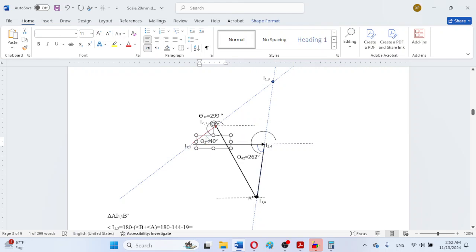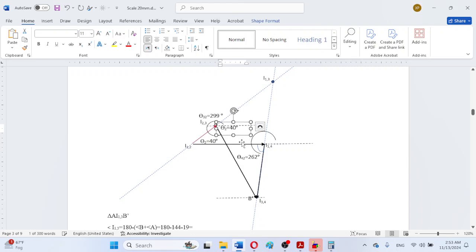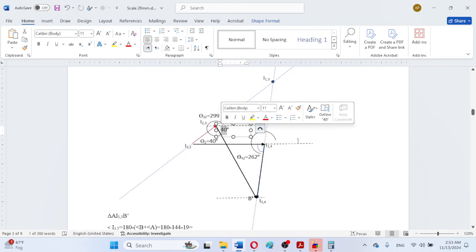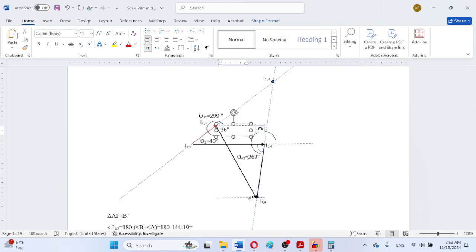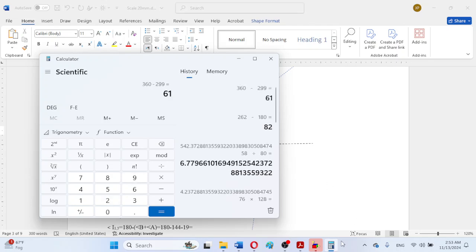Just copy this label and paste it here. This angle will be equal to 360 minus 299, which is equal to 61 degrees.